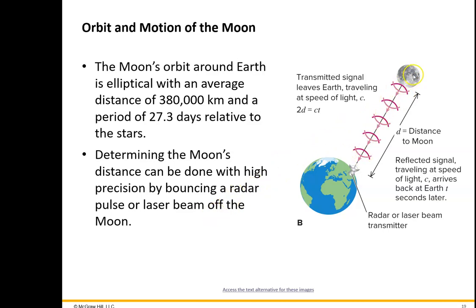With radar you wouldn't be able to tell, for example, that the moon is slowly moving away from the Earth. It's only with laser light and the precision given to us from lasers bouncing off the moon that we know exactly how far away the moon is, and how fast it's moving away from us.